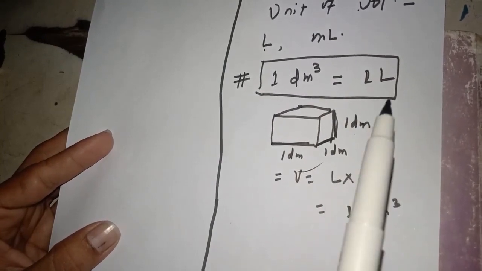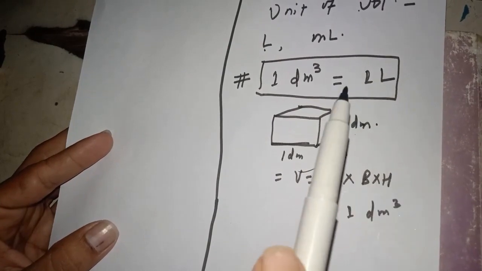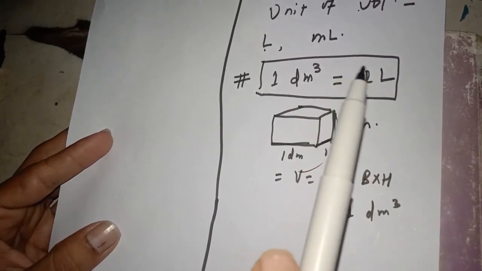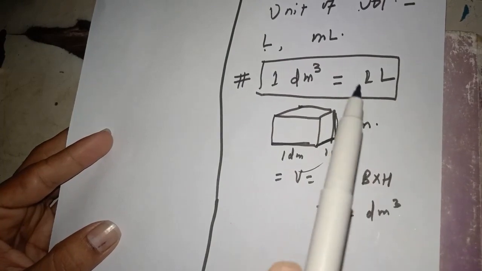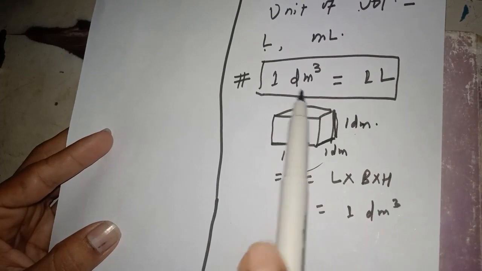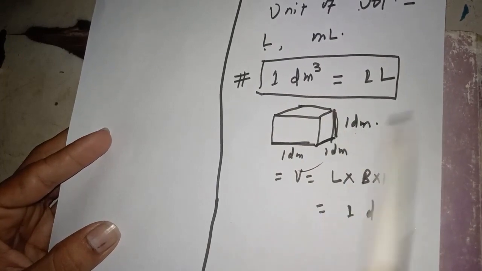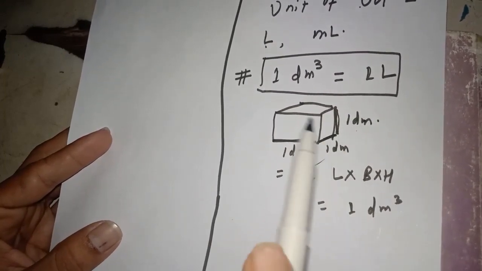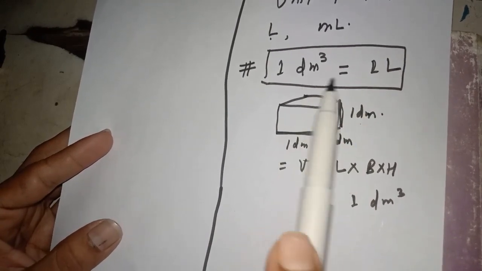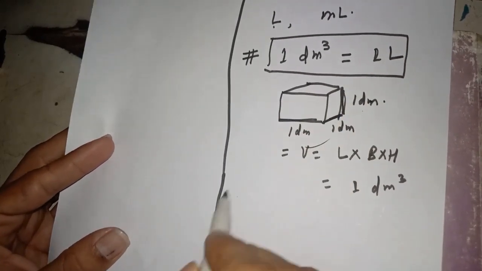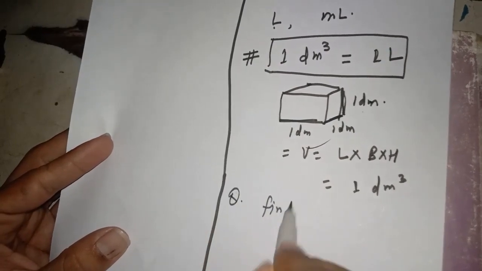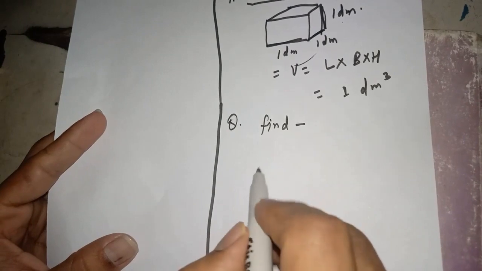If you have a cubical box with dimensions 1 dm cross 1 dm cross 1 dm, and you pour water in it completely, then the space covered by the water is equal to 1 liter. So we can say that 1 dm cube is equal to 1 liter. You can convert it to centimeter cube, or to meter cube, with respect to liter.